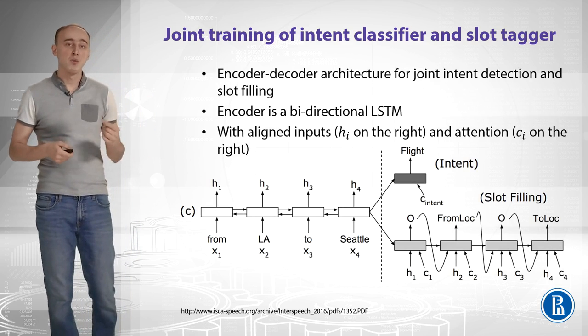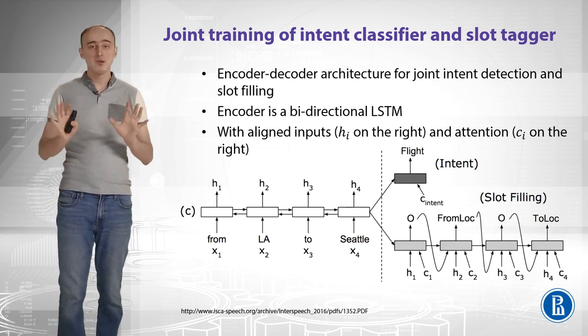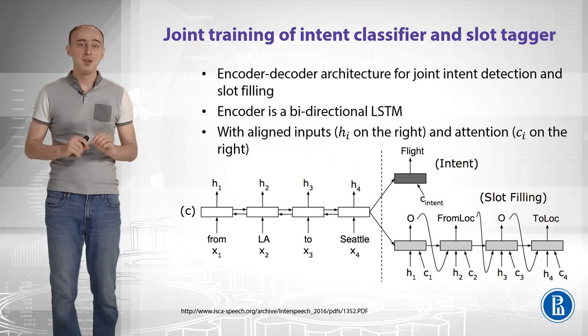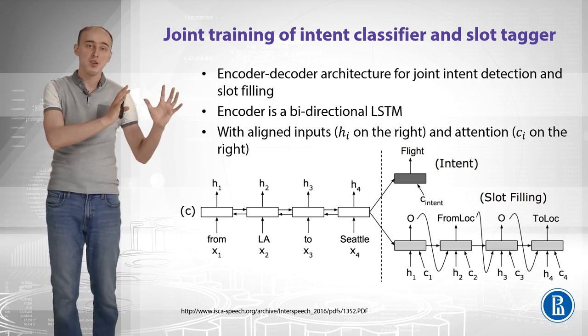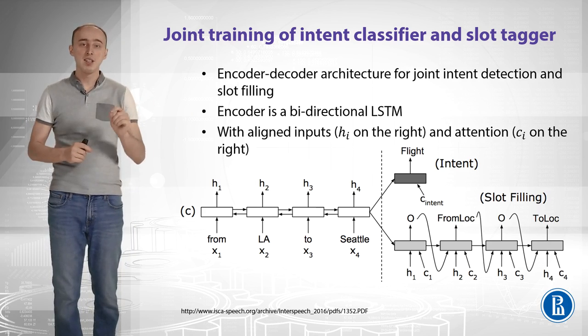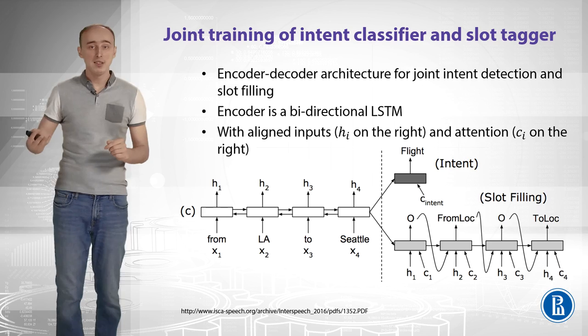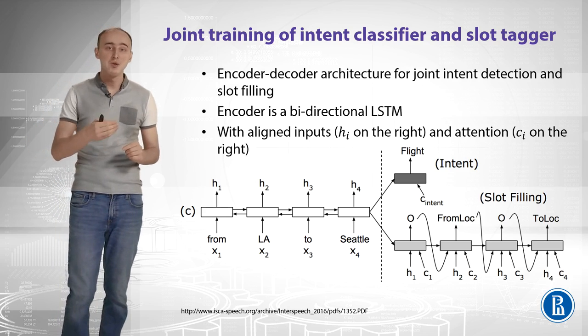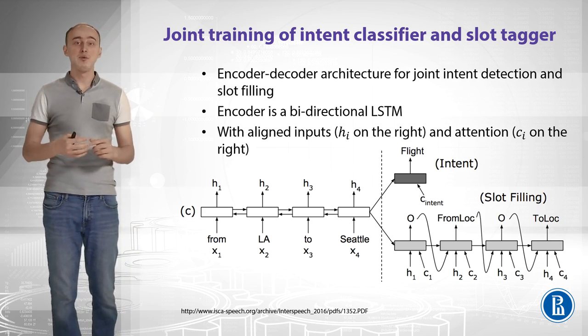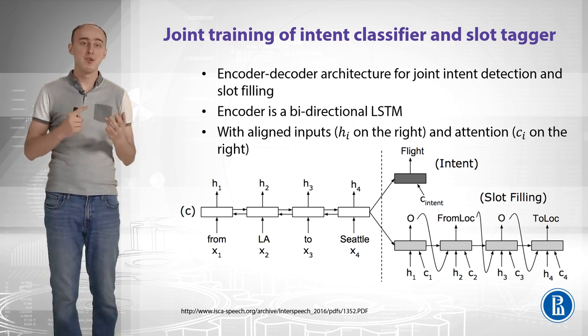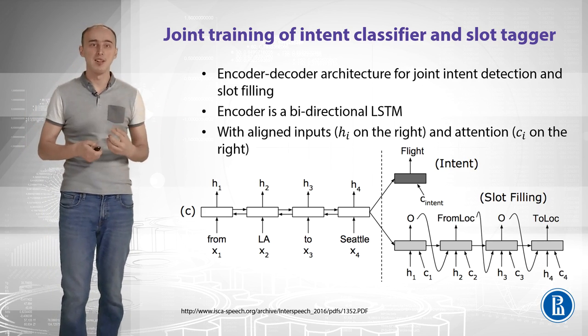Let's see how this joint model might work. It is still a sequence-to-sequence model, but this time we use, let's say, a bidirectional encoder, and the last hidden state we can use for decoding the slot tags, and at the same time we can use it to decode the intent. If we train this end-to-end for the two tasks, we can get a higher quality.